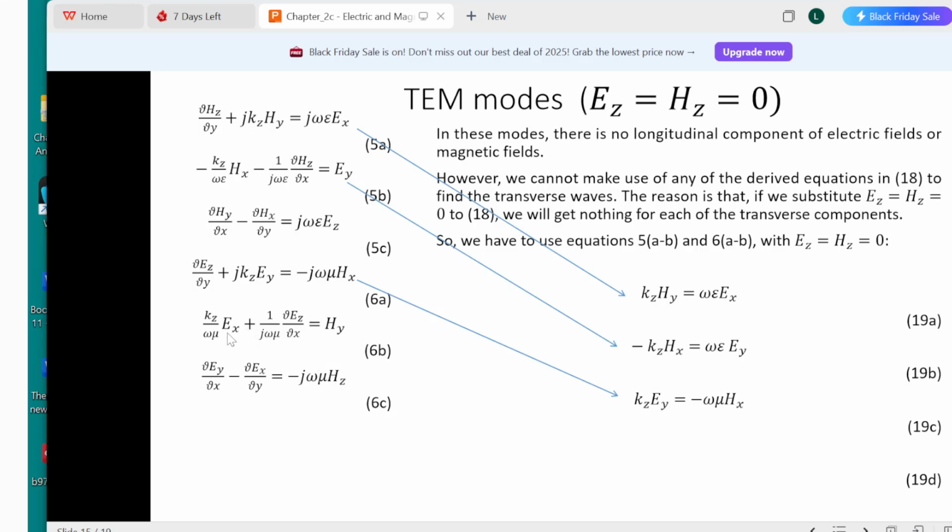And this one, we can do something for this. Yeah? This one, E of z, is a longitudinal component. So we can delete it. So this is what we can get. This is the governing equation for TEM modes.